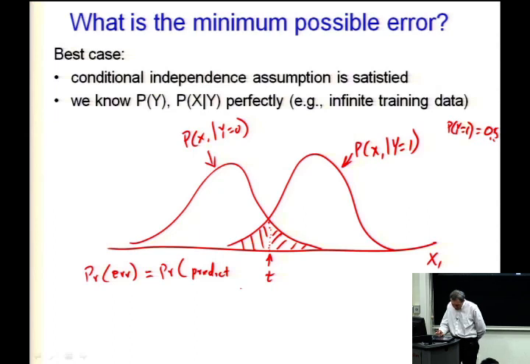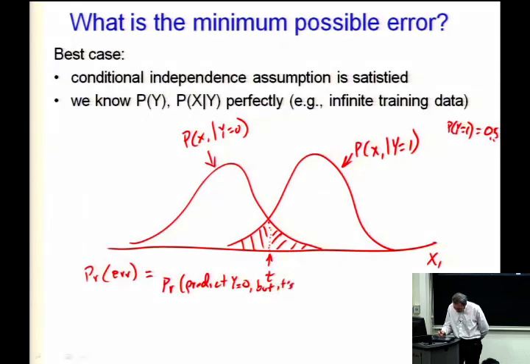It's the probability that we predict y equals 0, but it's 1, plus the probability that we predict y equals 1, but it's 0.